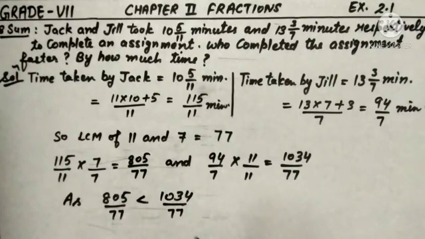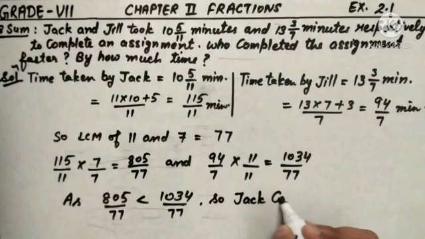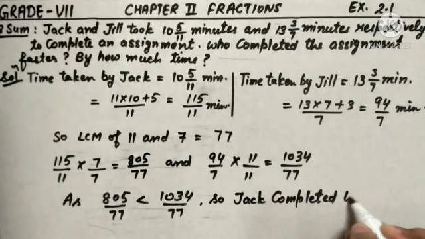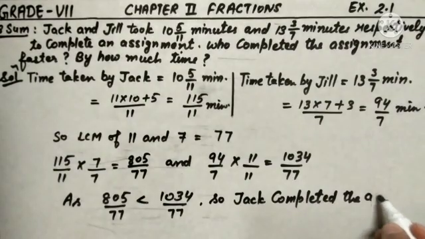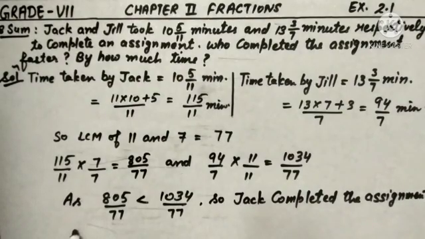As this value is less than this, Jack completed the assignment faster than Jill. And the second part was: by how much time?